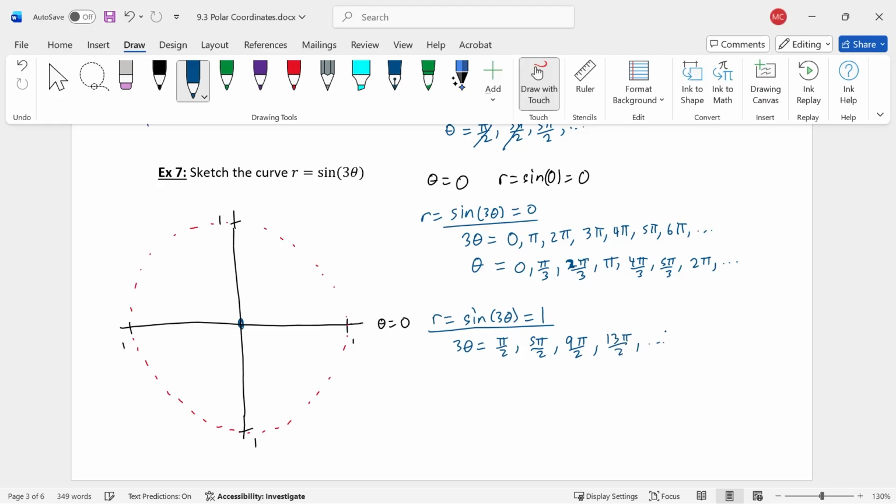That's bigger than 2 pi when I divide by 3, so stop there. So that gives us pi over 6, 5 pi over 6, 3 pi over 2 if I divide by 3, and then 13 pi over 6.